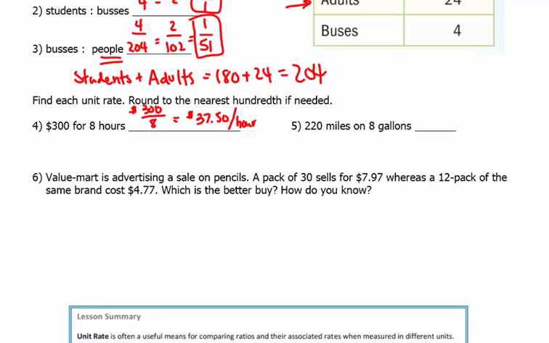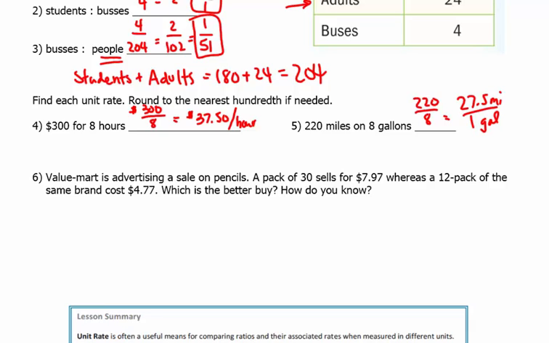Number 5, 220 miles on 8 gallons, so 220 over 8. And I would divide that, 27.5 miles per 1 gallon. So that's a unit rate.